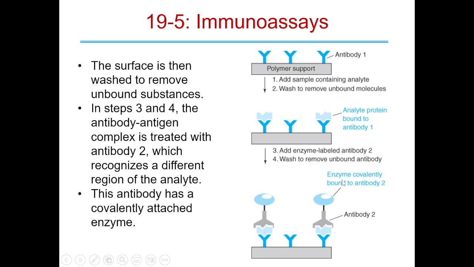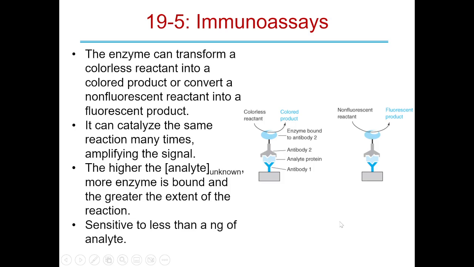I'm just trying to point out some of them so you can broaden your thinking. So this antibody has a covalently attached enzyme here, okay? And so this is actually making some sort of covalent attachment. This could be an ester linkage. This could be a disulfide linkage.